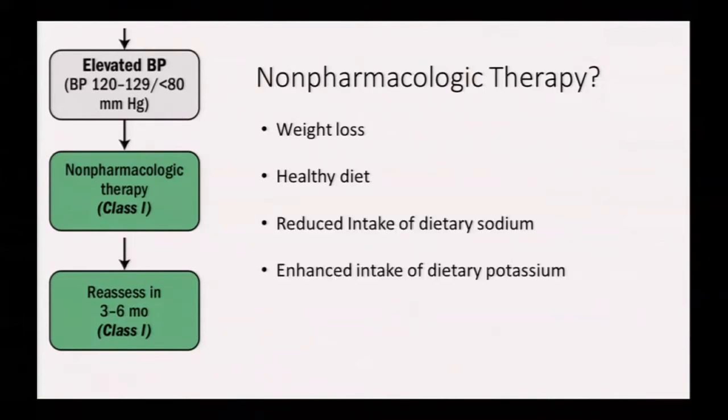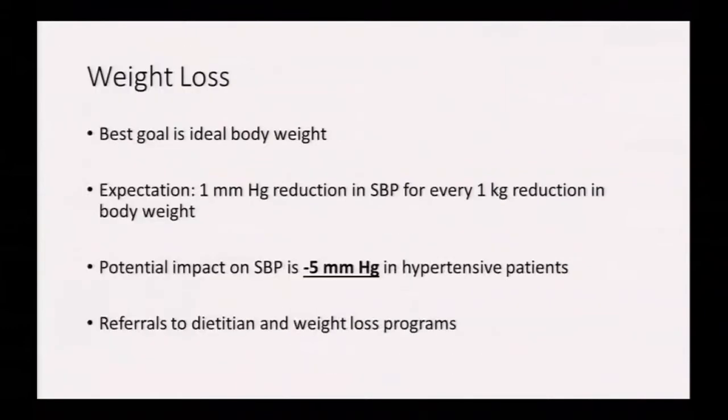Reduced sodium intake, increased potassium intake, physical activity, and moderation in alcohol intake. And I'll go over each one of these in the next few slides, and I will briefly touch on each point of these to help us as physicians at least start the right thing for our patients and maybe follow with more intense treatments with some other specialists.